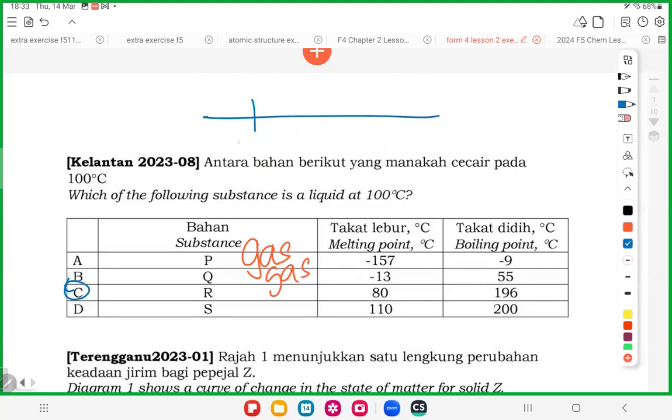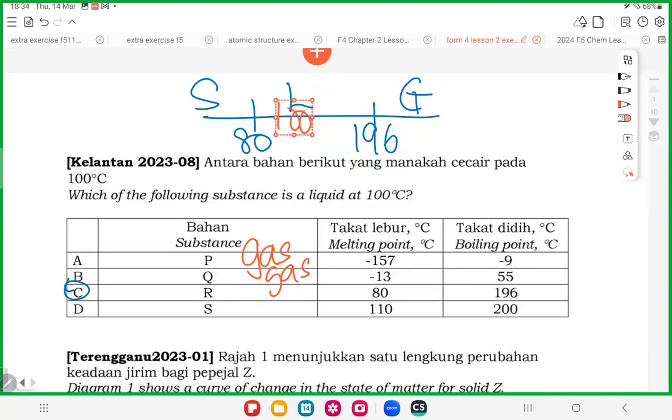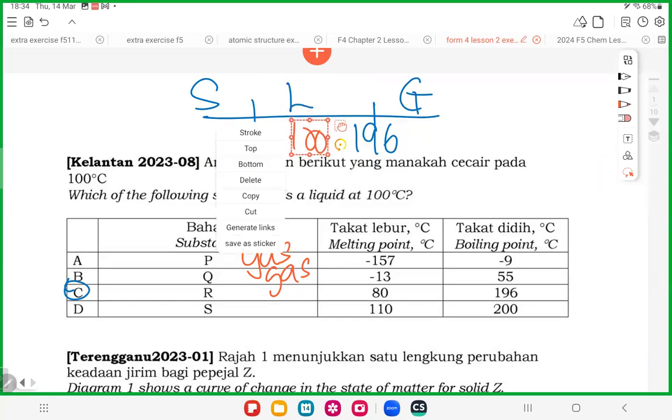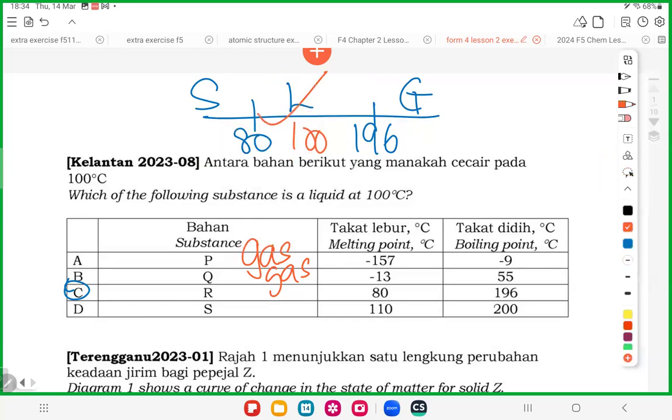Melting point given 80, boiling point given 196. Here solid, here liquid, here gas. The temperature we're looking at is 100. 100 is more than 80, less than 196, so in the middle, liquid. So the answer is C.